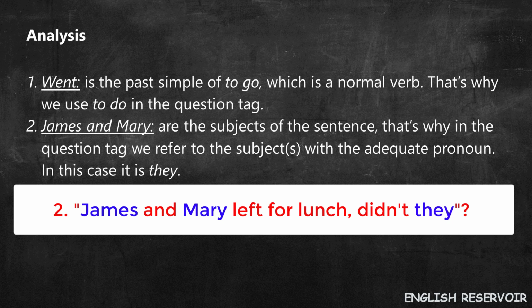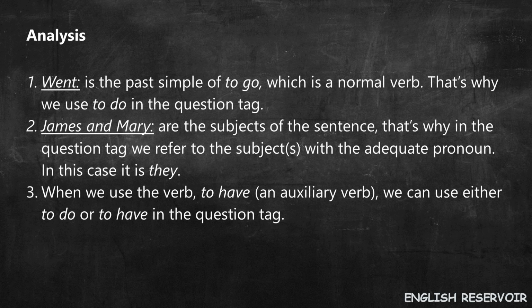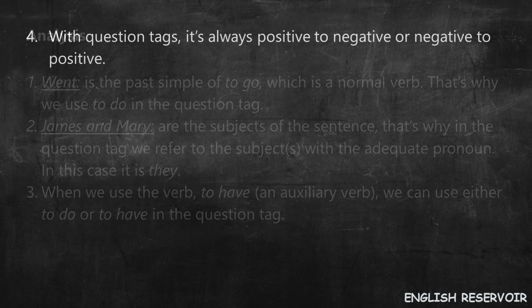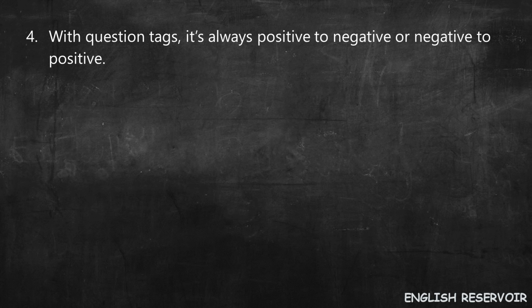In this case, it is they because it's plural. Three, when we use the verb to have, an auxiliary verb, we can either use to do or to have in the question tag. Four, with question tags, it's always positive to negative or negative to positive.